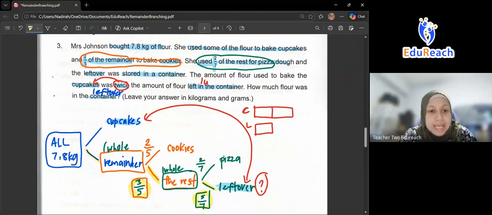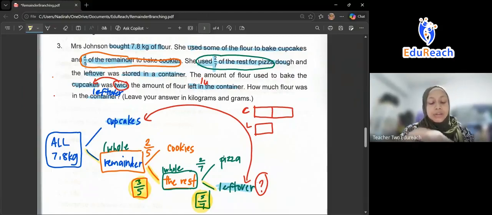Basically, it can help us to find the fraction of the remainder. In this case, it's a fraction of the remainder because I'm taking this fraction and I can multiply by this fraction.